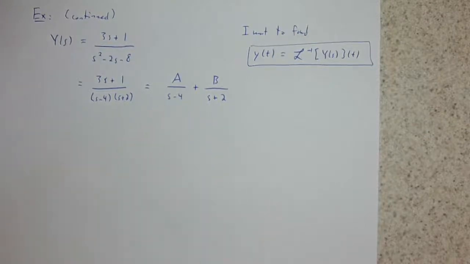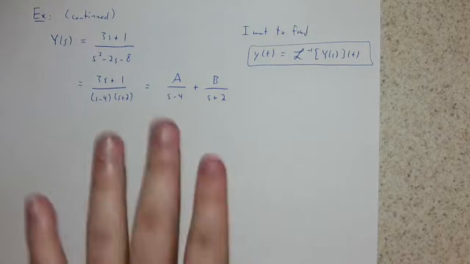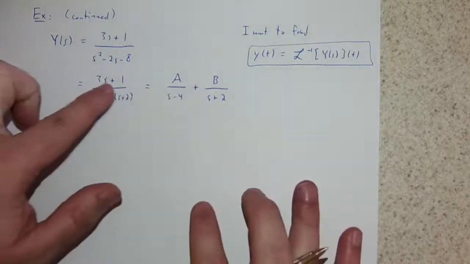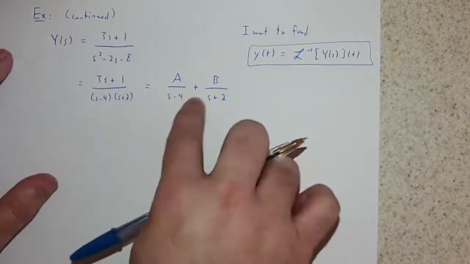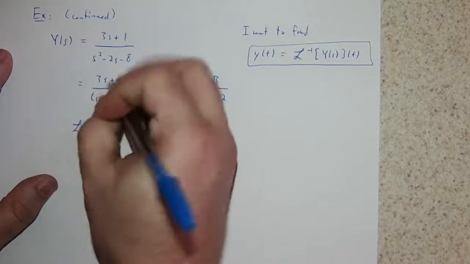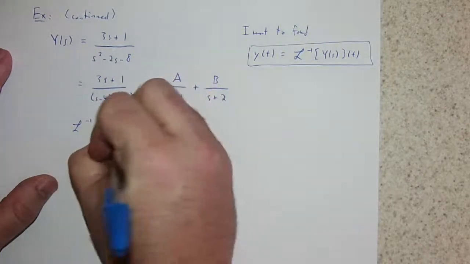Would I be happy? Just theoretically, let's say that this is the case. So ignore this for now. If we could rewrite this in this fashion, am I happy? What would the inverse Laplace transform of that thing be?